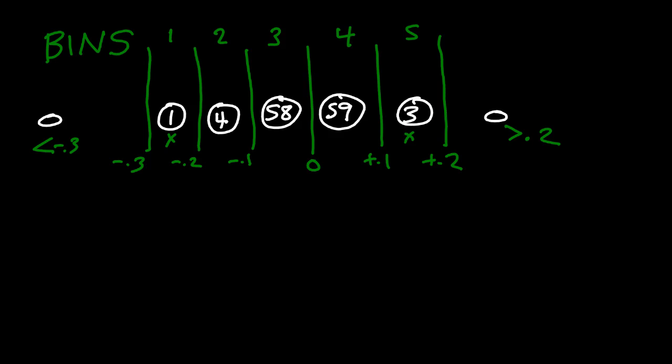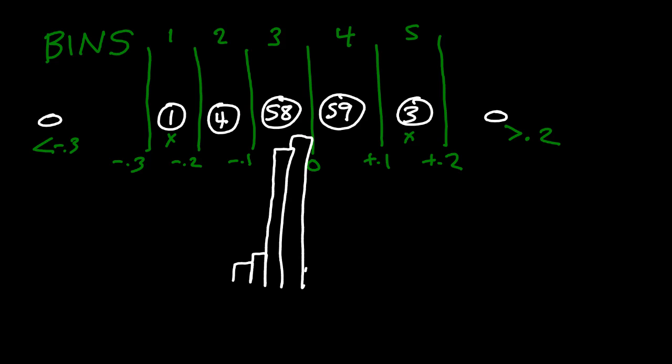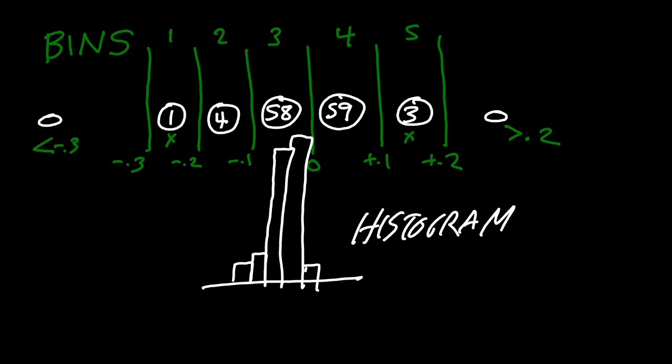So I can represent this by a picture. My picture would look something like this. That's 1, that's 4, that's 58, that's 59, that's 3. That is a histogram. Okay, so we've created our first histogram.